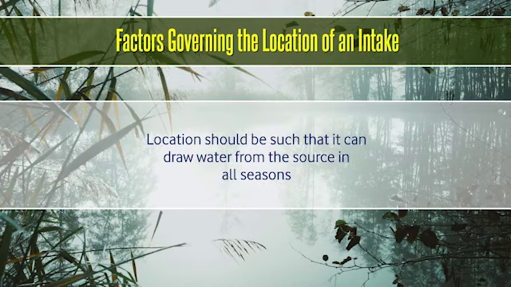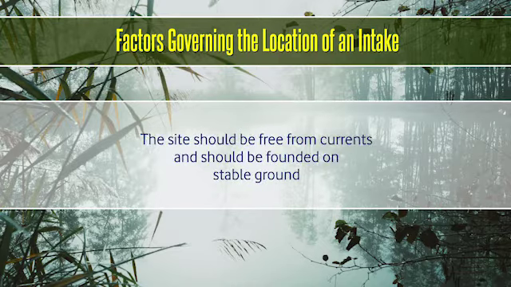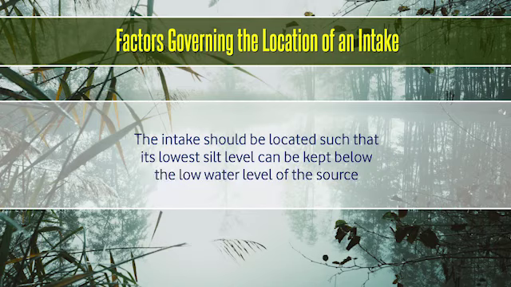The location should be such that it can draw water from the source in all seasons. The site should be free from currents and should be founded on stable ground. The intake should be located such that its lowest silt level can be kept below the low water level of the source.